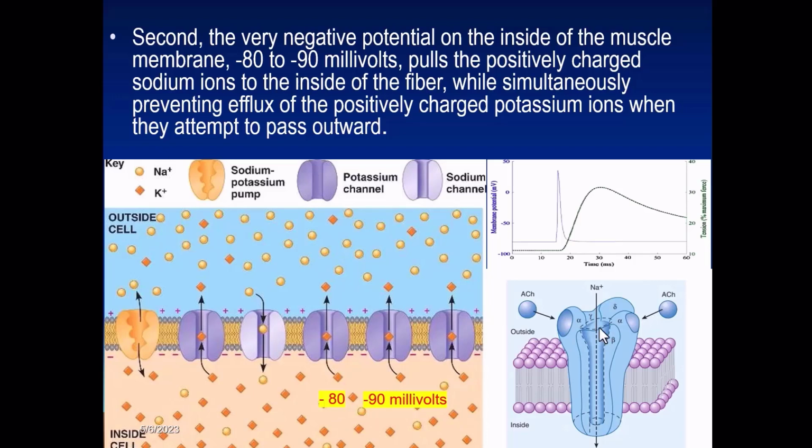Now when the receptor potential, or channel potential, is produced here, it propagates on both sides of the muscle and then produces the action potential, and this causes the contraction of the muscle.